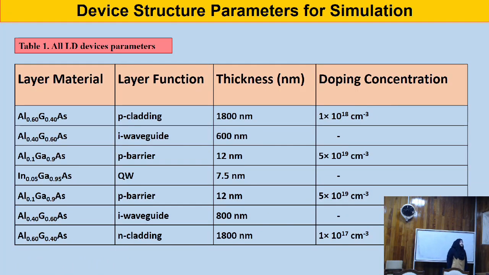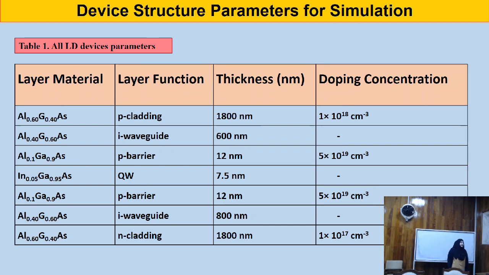This is the device parameter. A typical device has the P region, active region, and then N region. In the P region we have the P cladding, composed of aluminum gallium arsenide, which is 1800 nanometers. Then we have a waveguide, also composed of aluminum gallium arsenide, with a thickness of 600 nanometers.